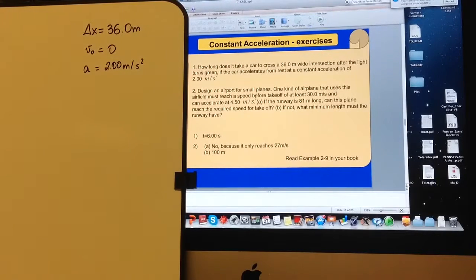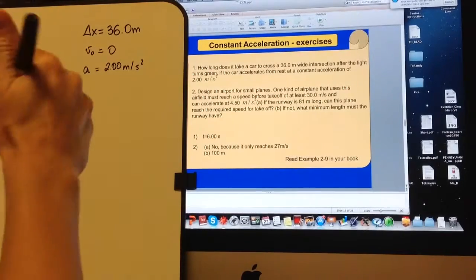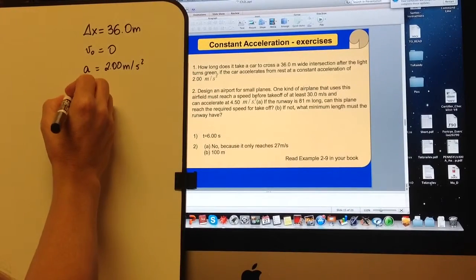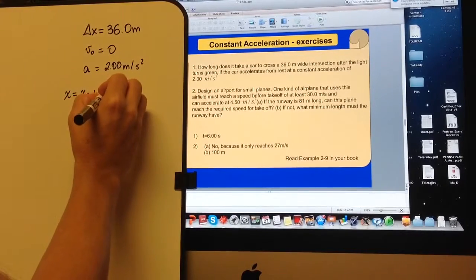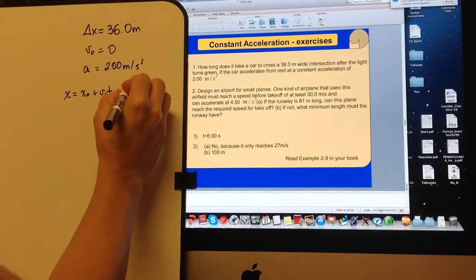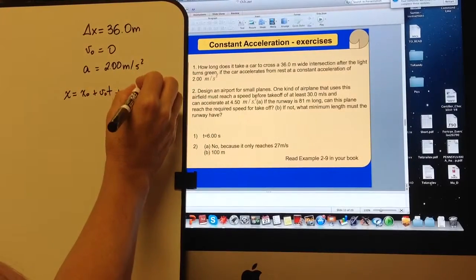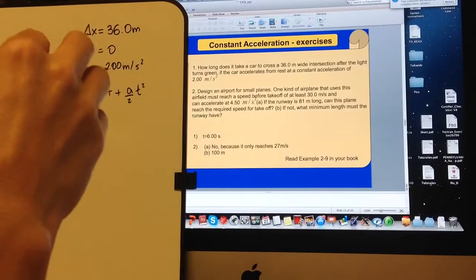So I'm not going to use the last one that we showed, but let's see if we could use, for example, the equation that involves position, which was x equals x naught plus v naught t plus a over 2 t squared. Let's think, is this a good equation?